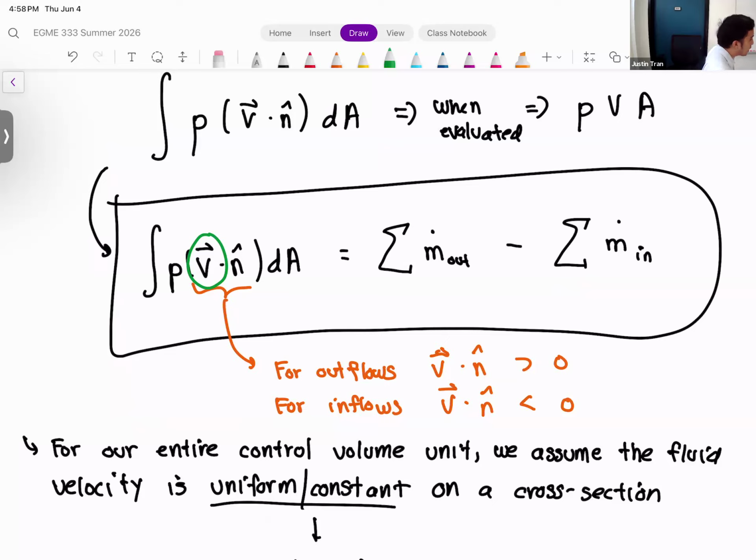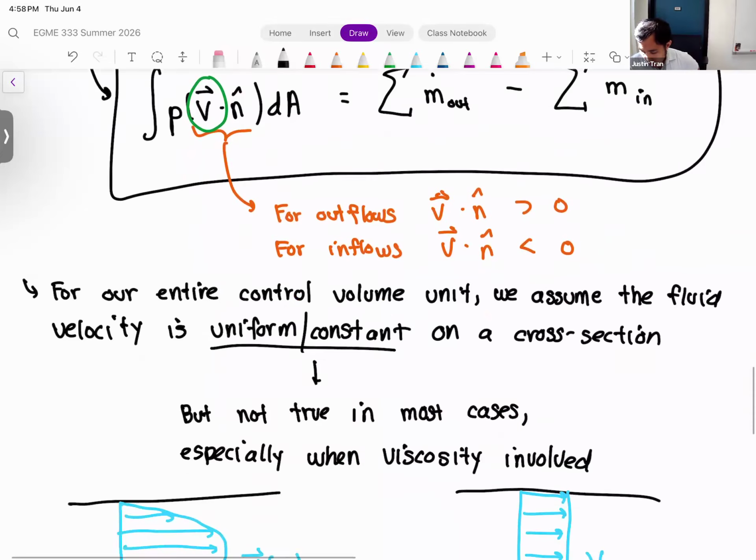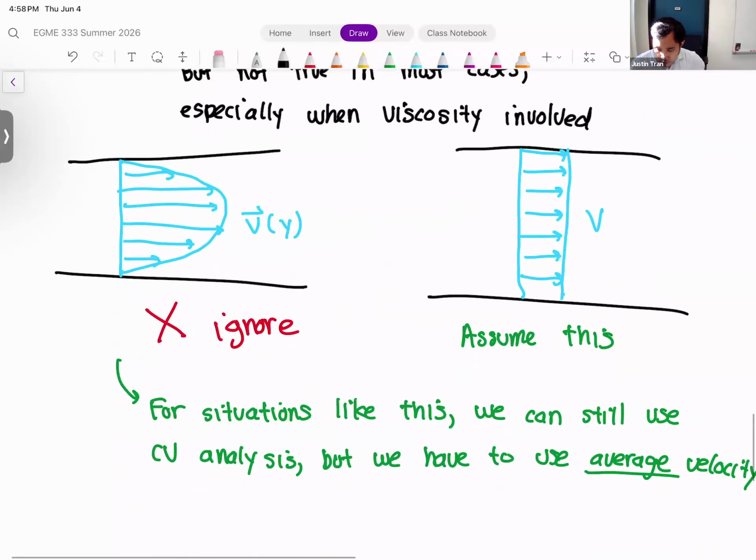But if we assume that this velocity is a constant, right? Of course, accounting for the sign, whether we're at an inflow or an outflow, then this integral becomes easy to evaluate, and we can actually use the form that's on the right here, the sum of the mass flow rates at the outflow minus the mass flow rates at the inflow. Okay. Okay, any questions on that before we jump into an example?